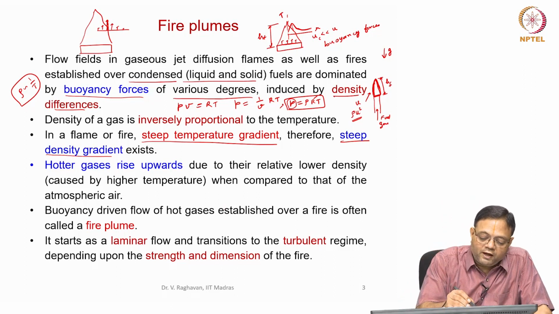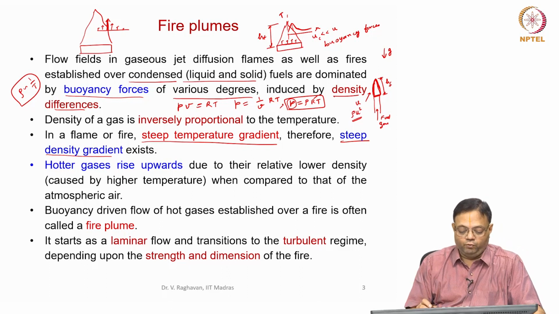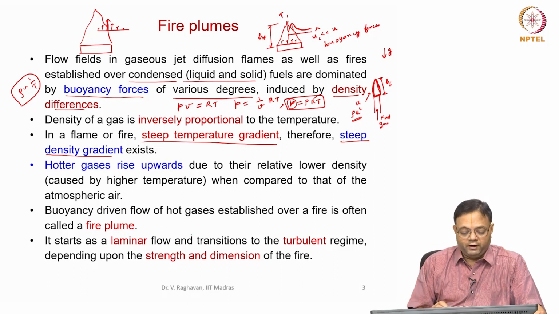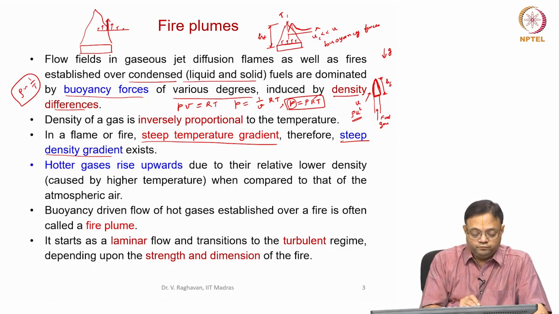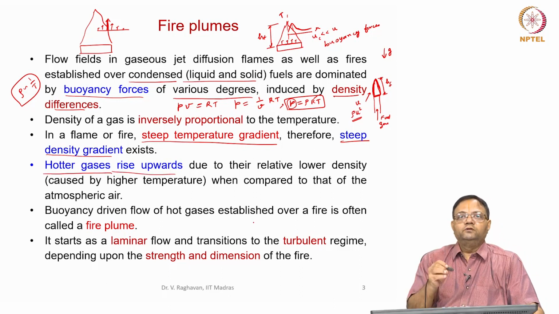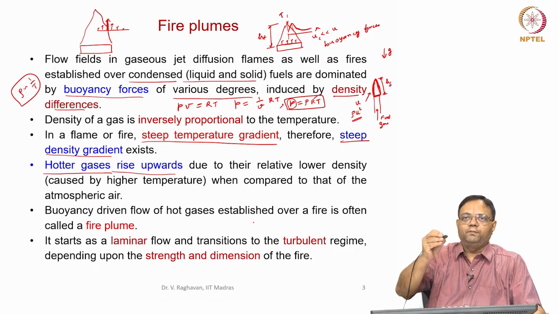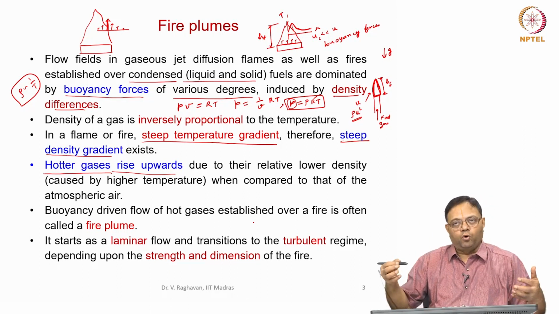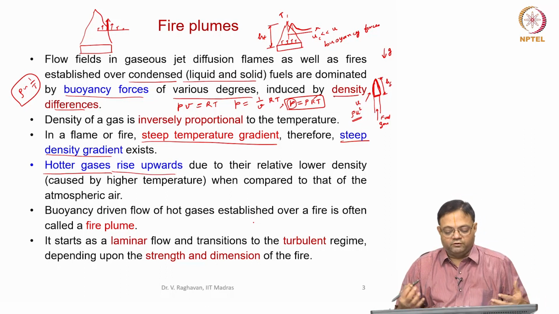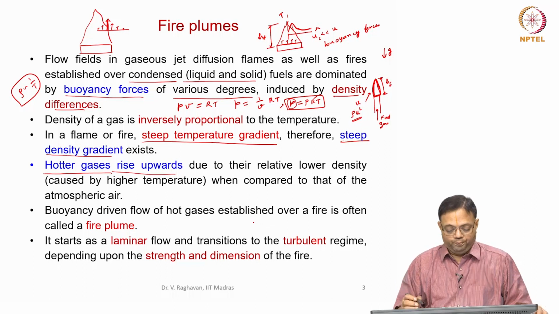This high velocity is due to the buoyancy driven flow. As a consequence of steep density gradient, hot gases rise upwards, because hot gases are at lower density. So, they rise up and the cold air from the atmosphere comes to its place. That causes the buoyancy driven flow.